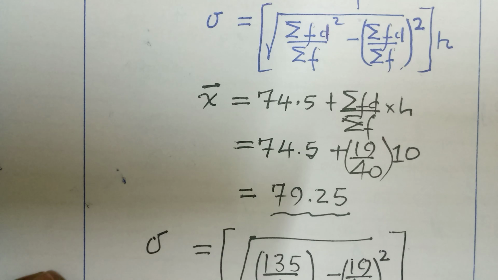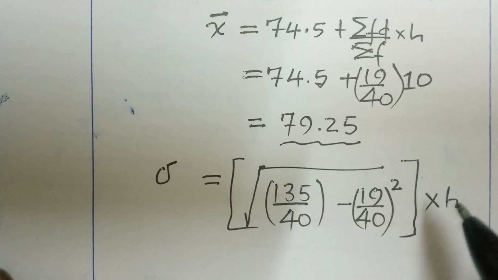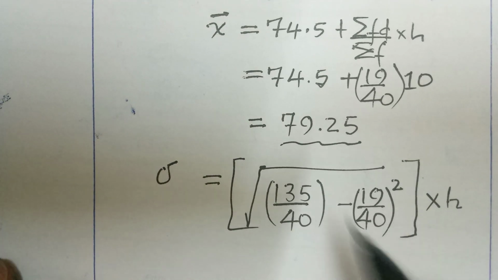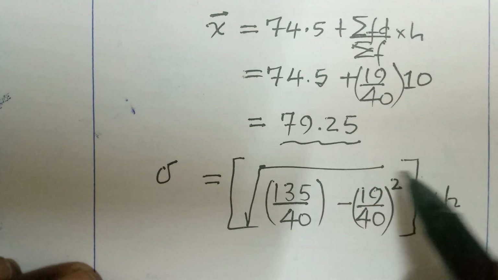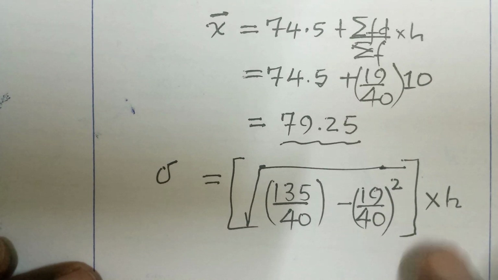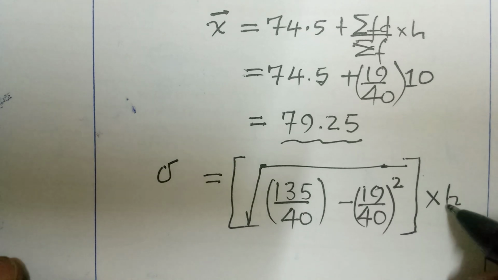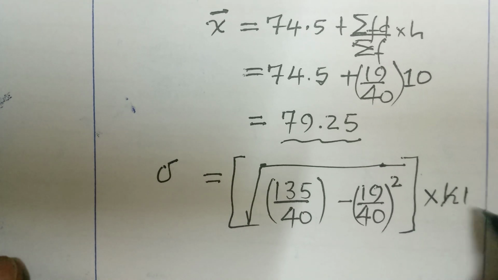So guys, we multiply that one by h. Remember that h was introduced, and that's why now we are multiplying. First we were dividing, but this time now, guys, we are multiplying in order to remove the effect of h. And this h is supposed to be 10.